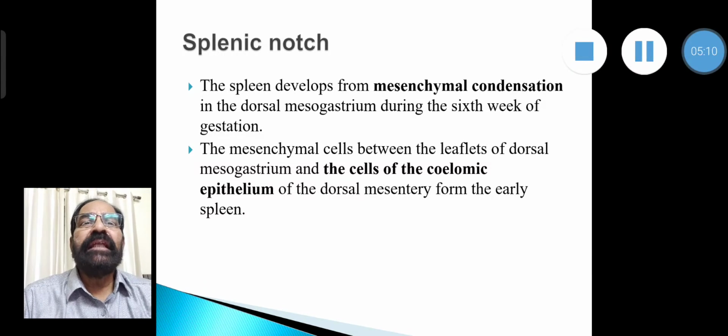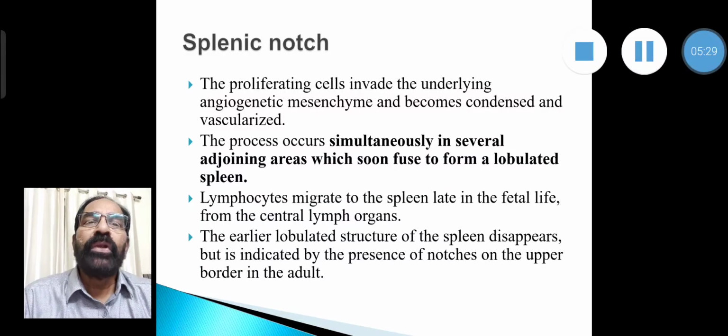The spleen develops from mesenchymal condensation in the dorsal mesogastrium during the 6th week of gestation. The mesenchymal cells between the leaflets of the dorsal mesogastrium and the cells of the coelomic epithelium of the dorsal mesentery form the early spleen. Proliferation of cells invading the underlying angiogenic mesenchyme becomes condensed and vascularized.